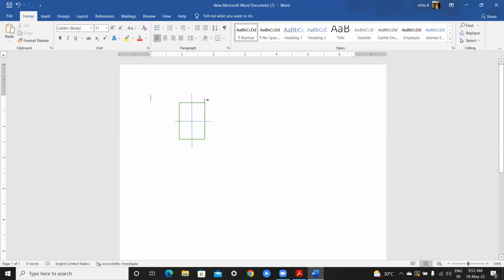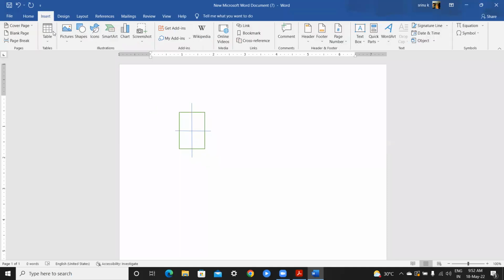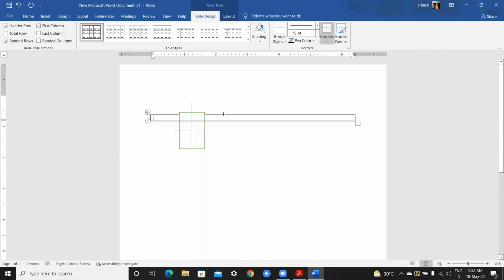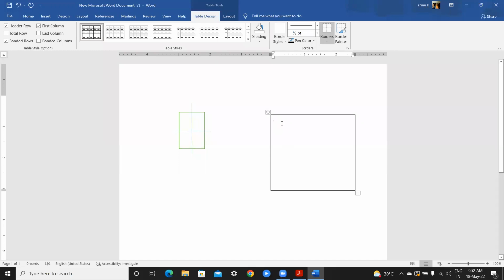So here the area is 40 mm into 50 mm. In the given data, the area is 40 mm into 50 mm. And what is the cross section here?